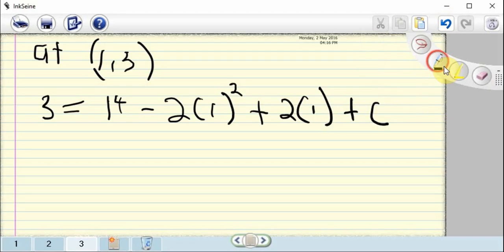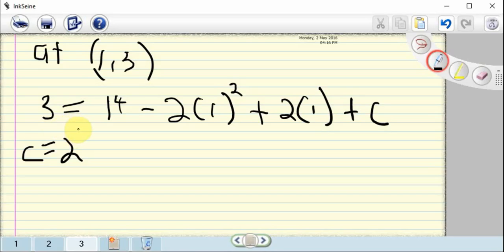Alright, so let's tidy that up. So c is equal to 2.